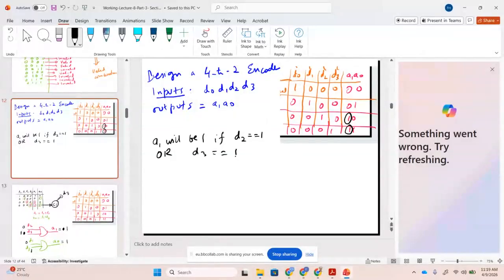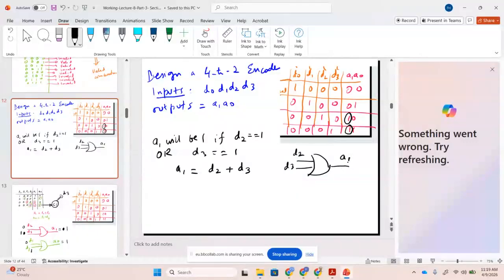Got it or not got it? So what will be the expression for A1? A1 will be 1 if D2 is 1 or D3 is 1. Sorry, this is wrong. The inputs are D2 and D3 and the output is A1.